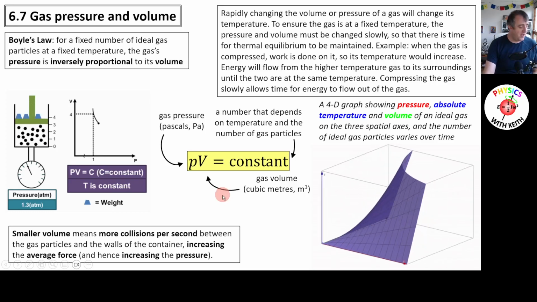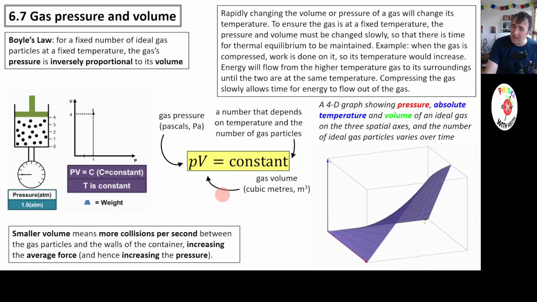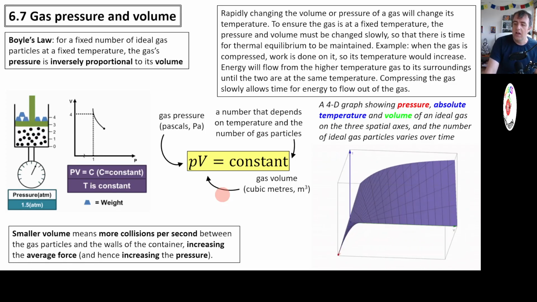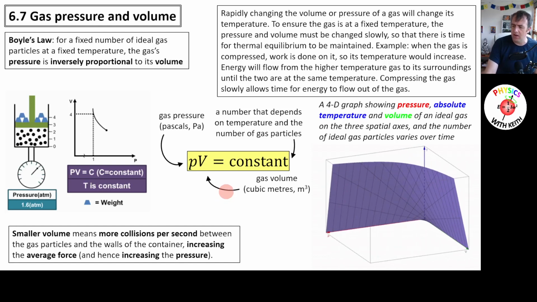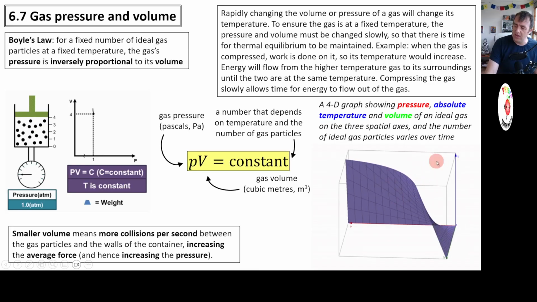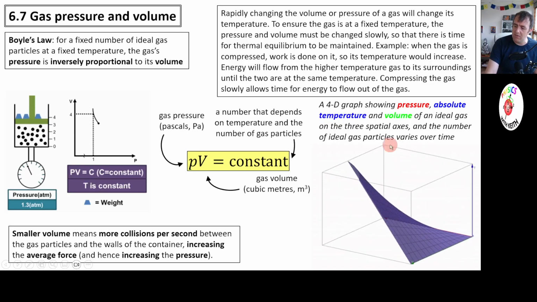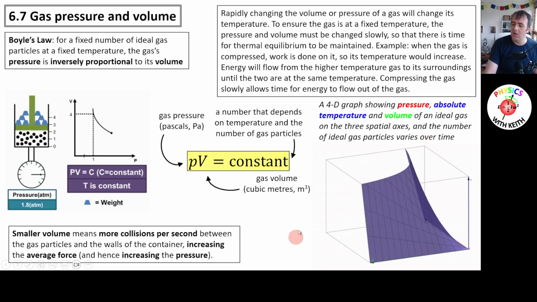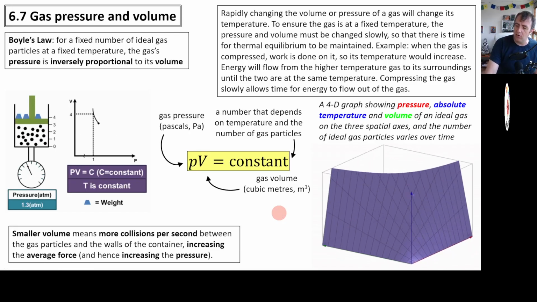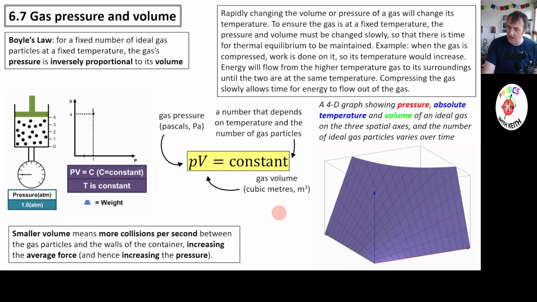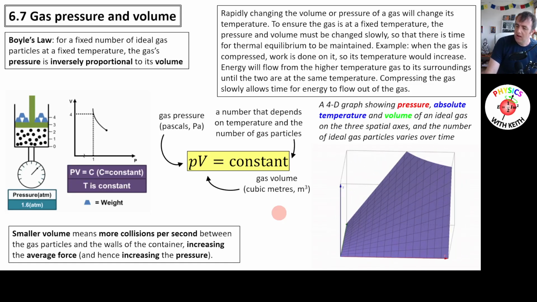If you want to look at the physics of what happens when you do it quickly, well, it's a bit more complicated. We need to use the two equations combined with some other stuff, and then you end up with this rather confusing four-dimensional graph here. I'm not going to go into detail about it. You can mute this and just watch that spinning around if you want to try to unpick what's going on here.